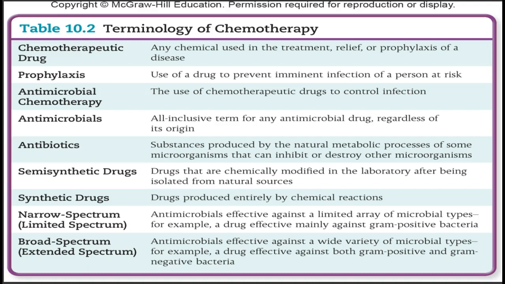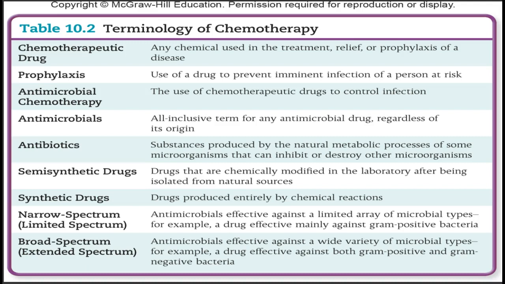So a narrow spectrum chemotherapeutic is an antimicrobial that is effective against a very limited array of microbial types. So it might be effective only against gram-positive bacteria, or it might be effective against a very specific group of bacterium like Staphylococcus.